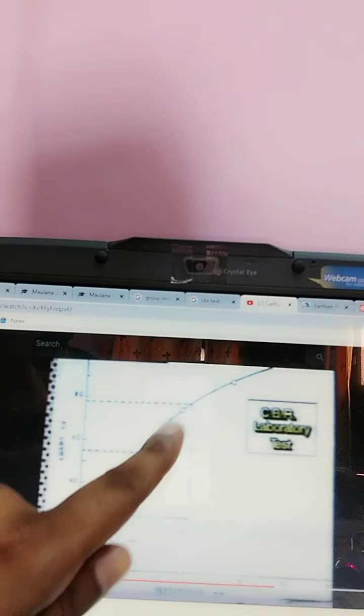So you can see there is a graph, load versus penetration, right? In this load versus penetration graph, for the corresponding load, the corresponding penetration values have been noted down. Here you can see 2 mm, this is 3 mm, this is 4 mm.